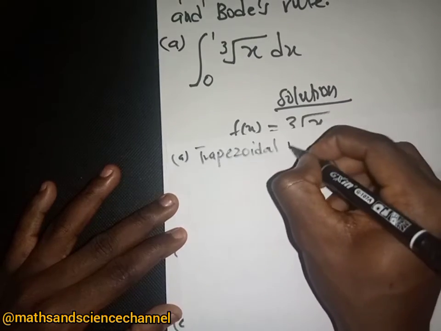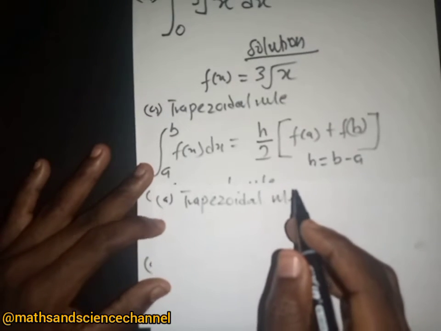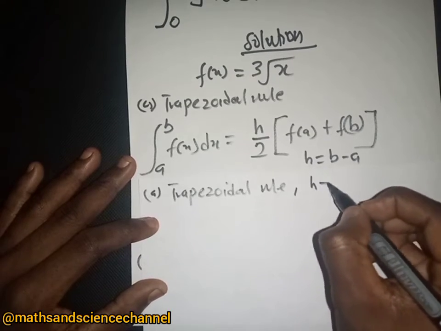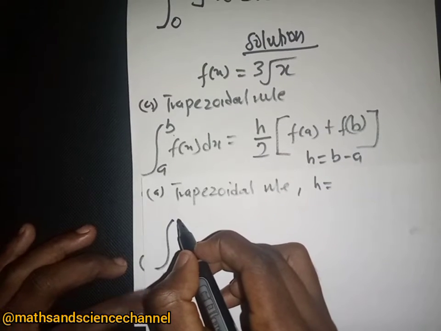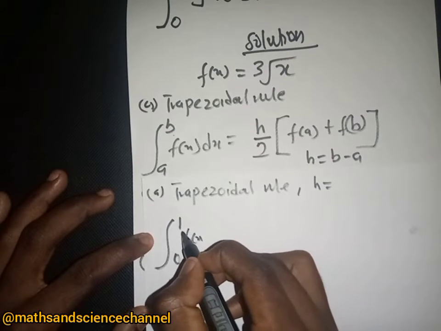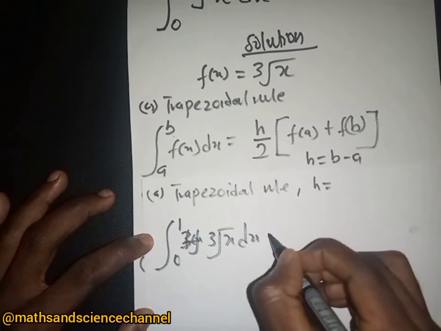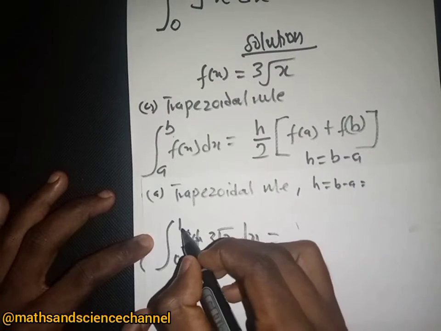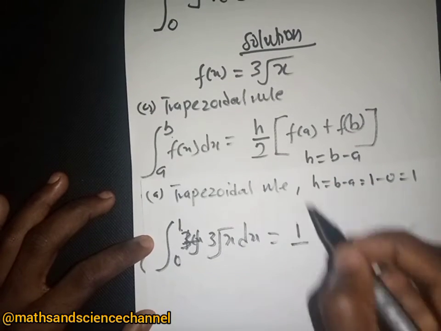From the trapezoidal rule, remember, we have h. h will just be b minus a, and our limits are 0 and 1 here. f of x is just the cube root of x, and the dx will be equal to our h. h is just b minus a, and in this case b is 1, a is 0, so 1 minus 0 is just 1. So we have 1 divided by 2.